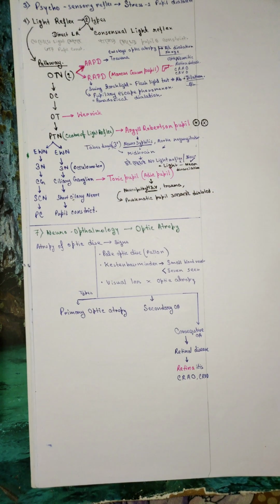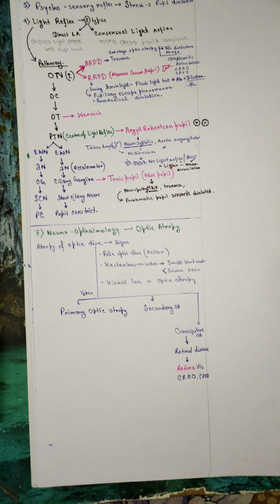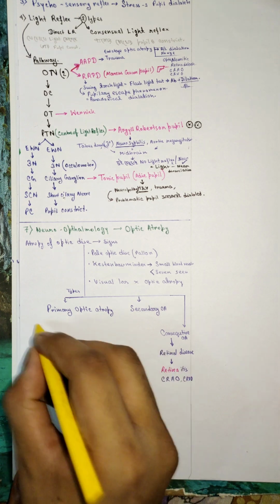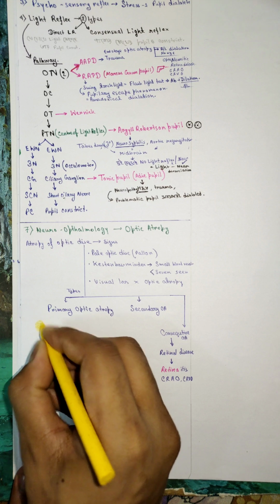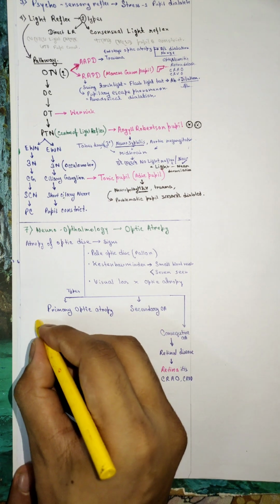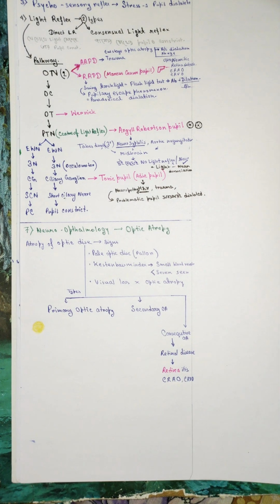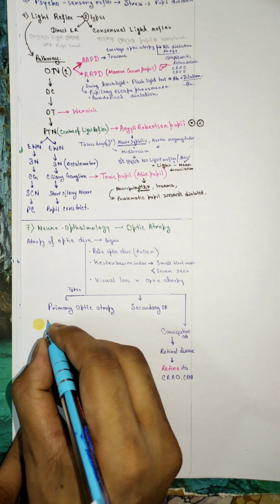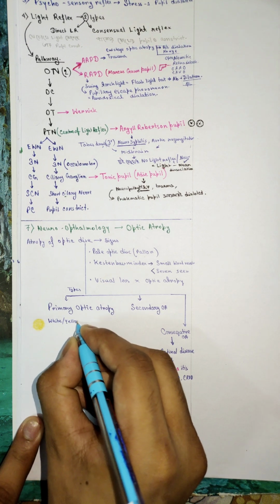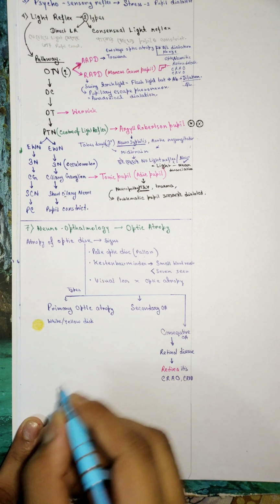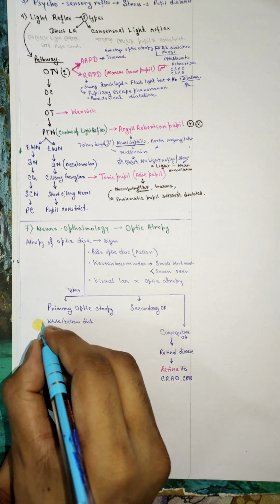So that's the thing. In the primary, we can see a very white or yellowish disc with proper margin.